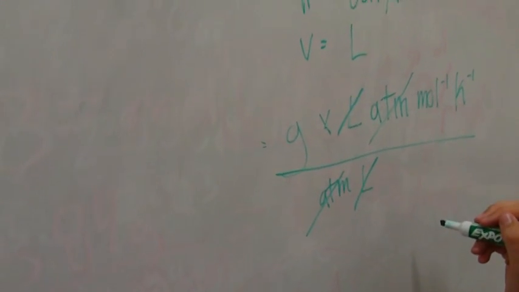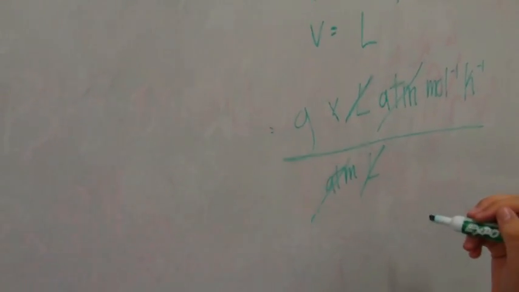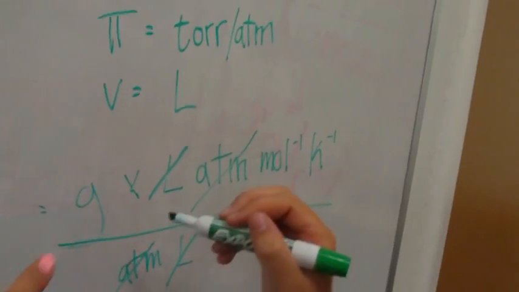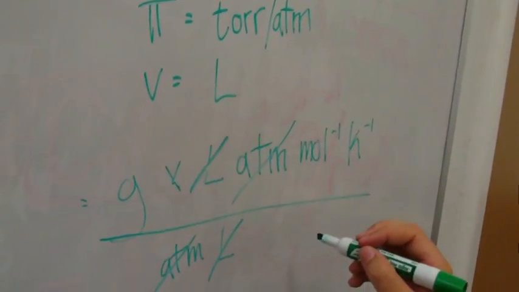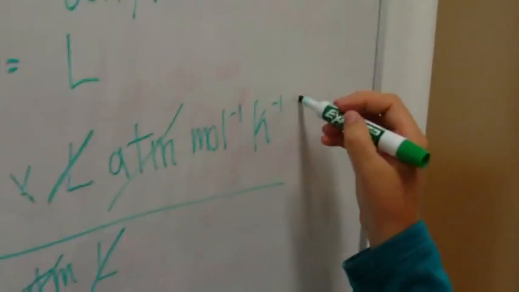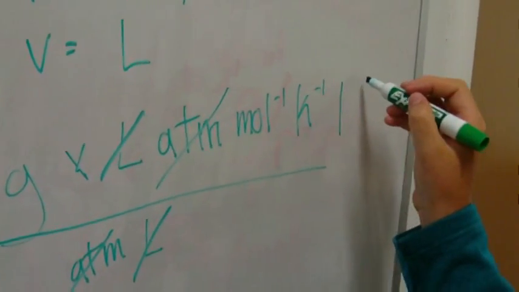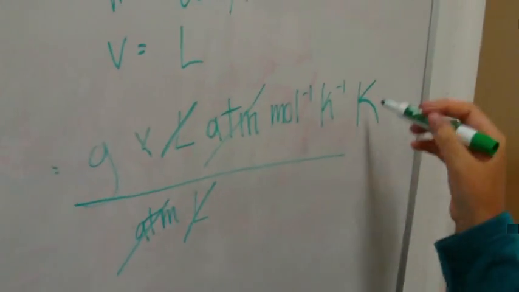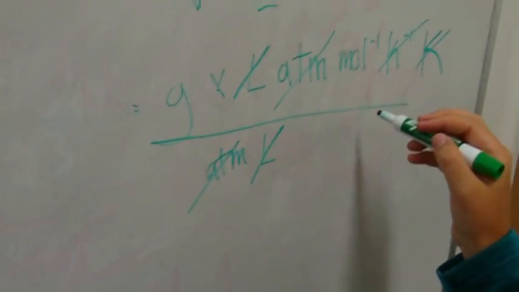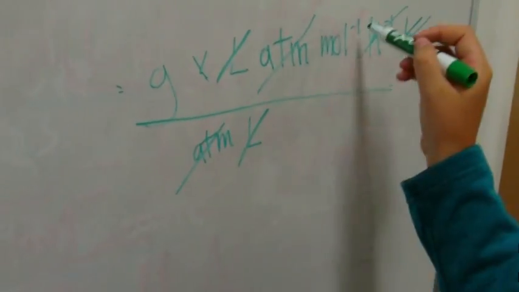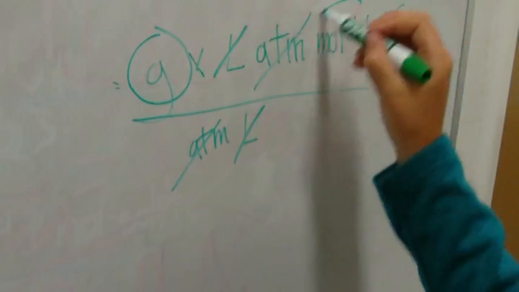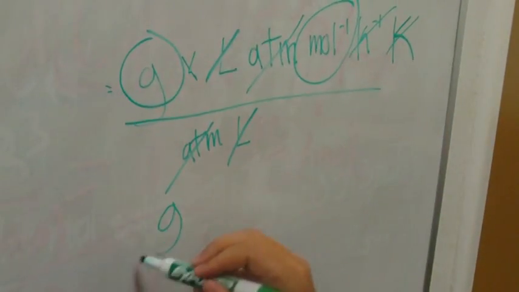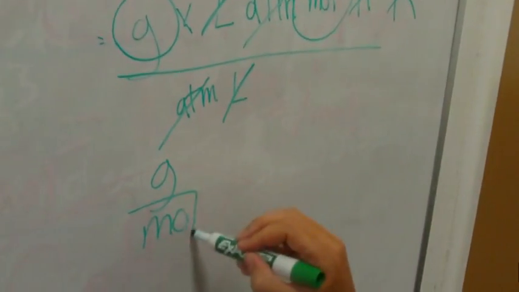Cancel, cancel, cancel, cancel. Temperature, temperature. Kelvin, Kelvin. Cancel, cancel. There we go. And we're left with grams per mole, which is what we wanted to prove. So that works out perfect. So that's part A.